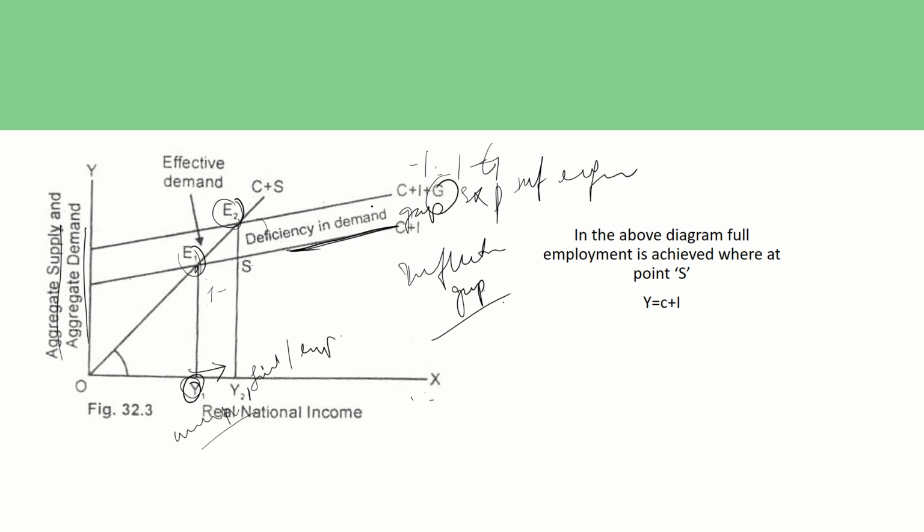That is nothing but inflation taking place. So at point S, you can say that there is full employment in the economy. To achieve this full employment, what do we need? Government interference is a must, in order to achieve full employment in the economy.